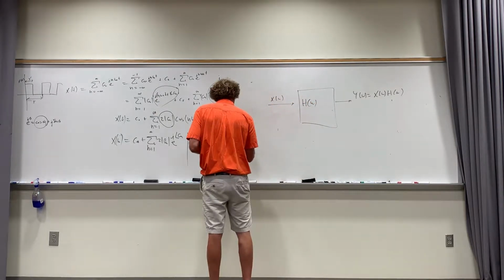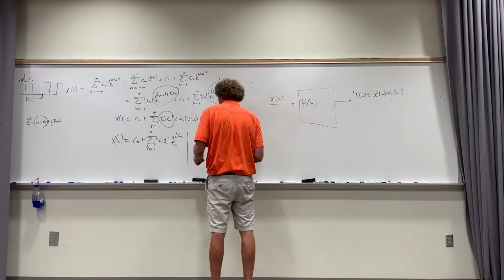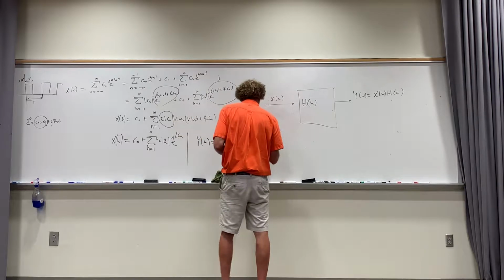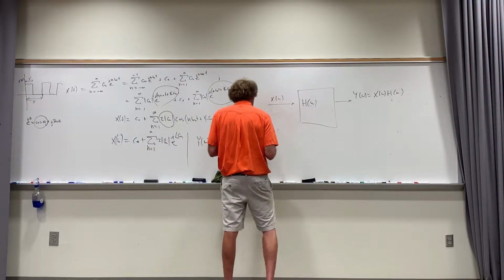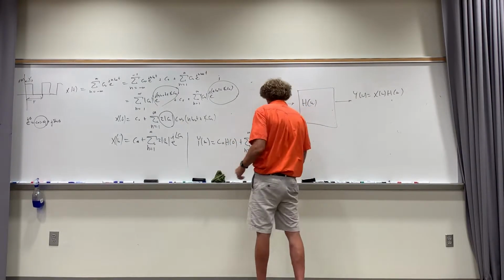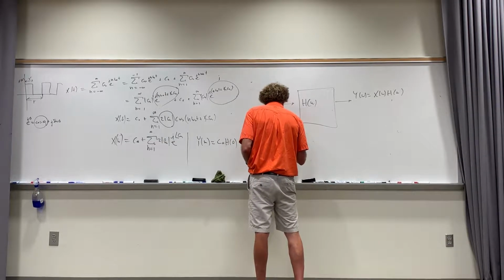Plus the summation from n equals 1 to infinity of 2 times magnitude of C of n times e to the j phase angle of C of n, and now it's going to be that transfer function. I'm going to put the transfer function in polar terms. So now it's going to be the magnitude of H of n omega naught.